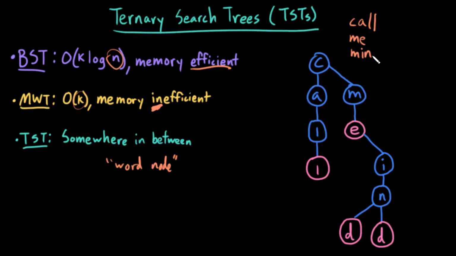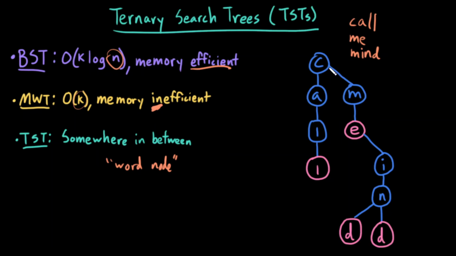That means I would use N, because I was at N and I went down, so I use it. Now I'm at D. I'm going to stop because this is a word node, and I've used it. I don't have to necessarily stop at a word node if it has children, but I could choose to stop at a word node, which means I have to use that letter. It's equivalent to going down, but you just stop.